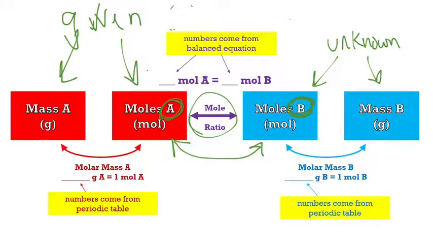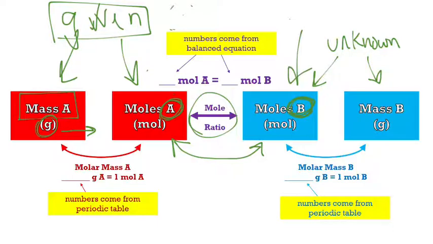That's all we'd need to do. But if instead we were given mass of that first substance, grams, then before I can even get to that mole ratio, if I'm trying to still get to moles of that second substance, I have to get to those moles, which means I'm going to need to first use my molar mass.